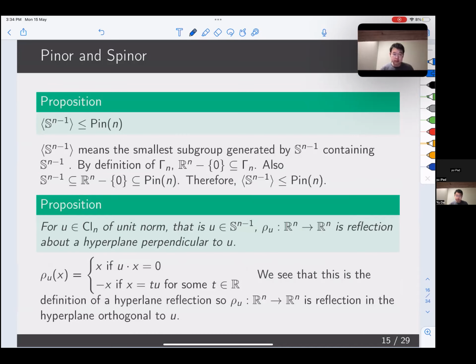Next, we can show that the n-1 sphere is a subgroup of Pin n.